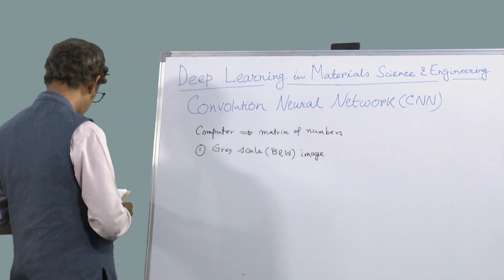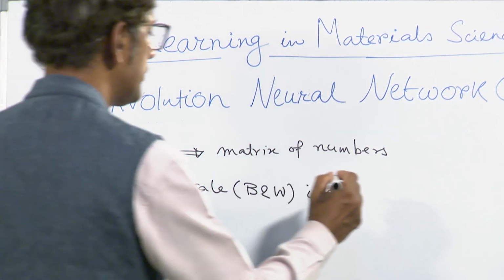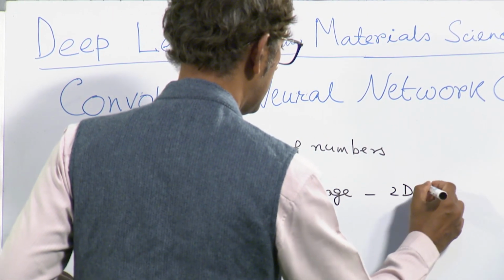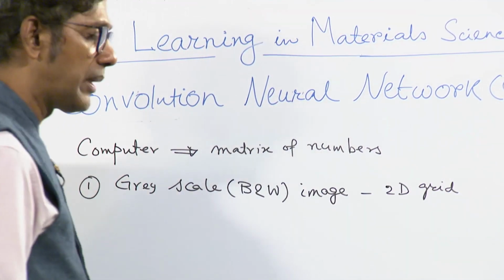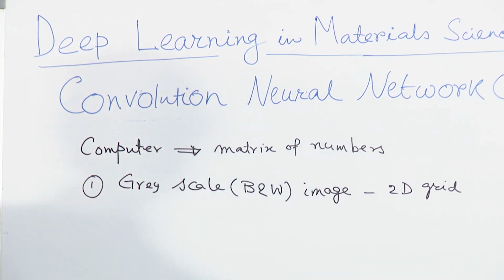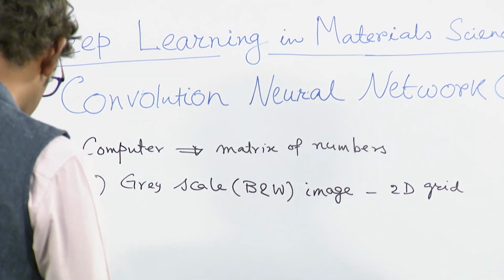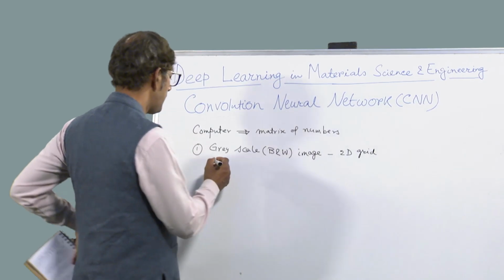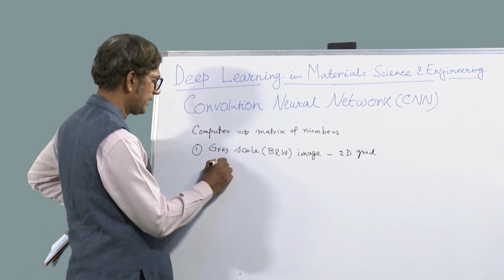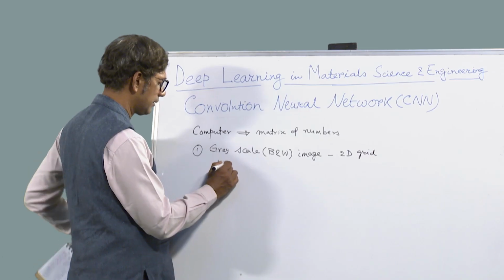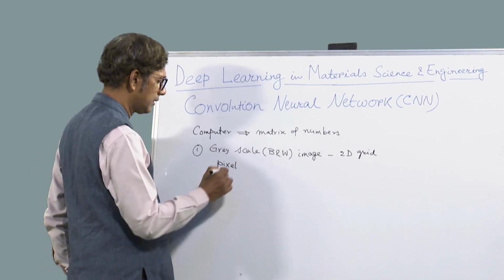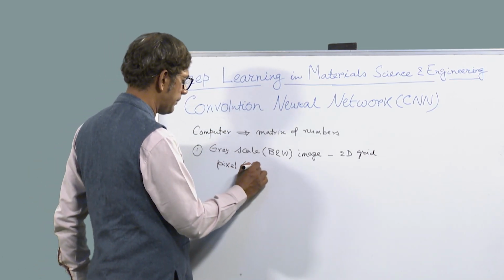So, what do you do? This represents a two-dimensional grid, or two-dimensional images. By the way, images are represented by small elements called pixels, which is nothing but picture elements.